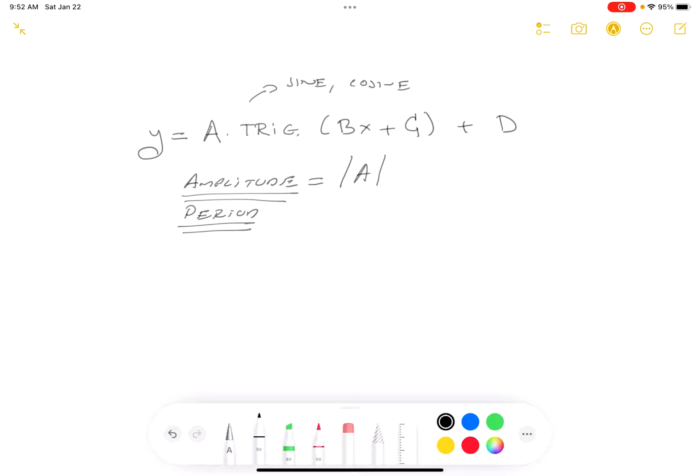But you would need to know that both for the sine and the cosine, one period for the standard function would be 2 pi. So to get the period over here, all I have to do is take 2 pi and divide it by the absolute value of B. And this would give me the period.